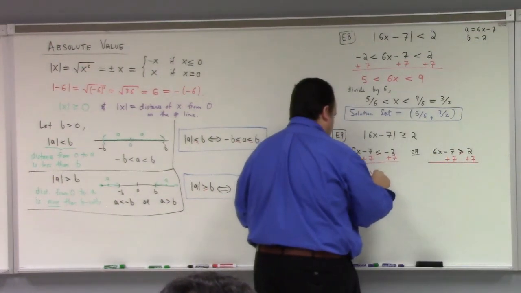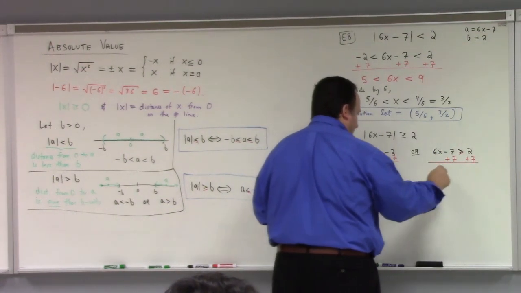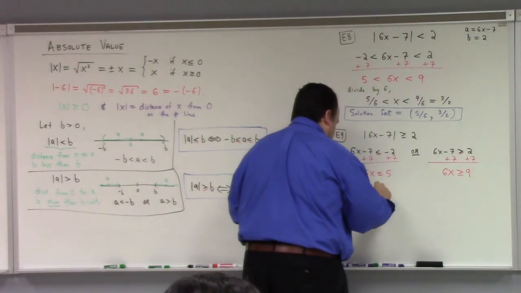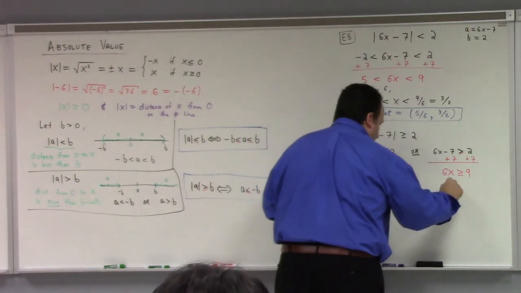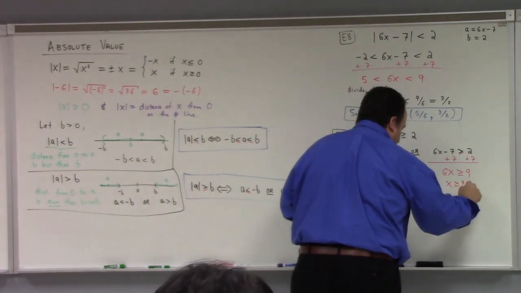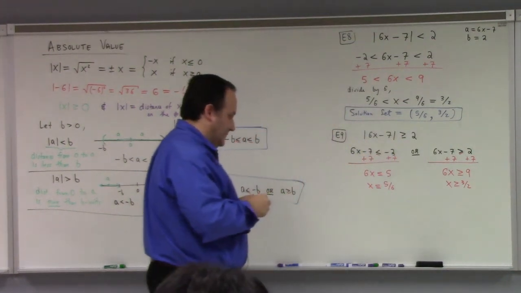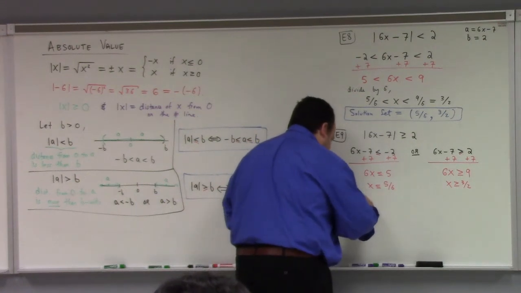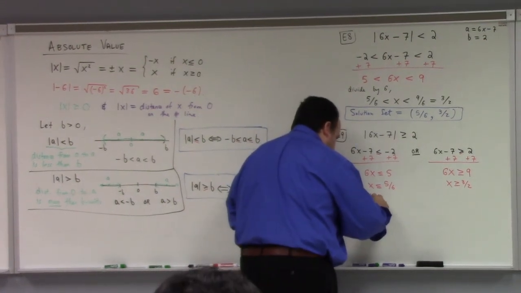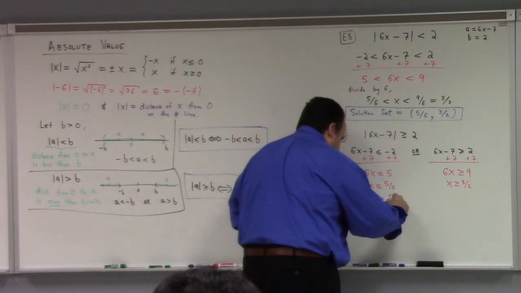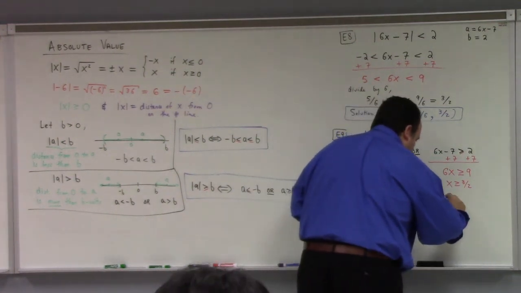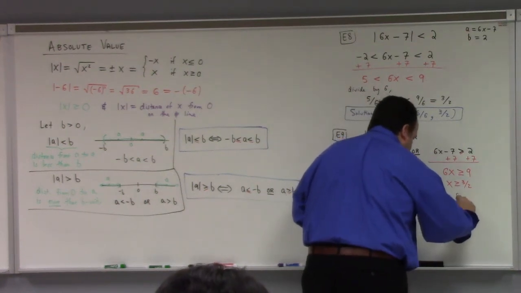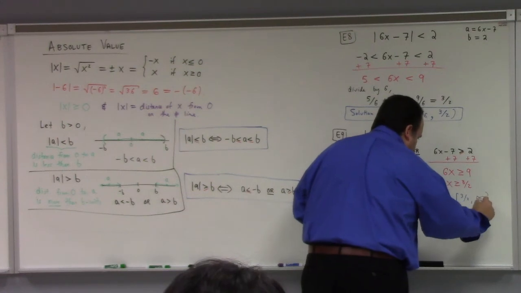This gives us 6x less than or equal to 5, or 6x greater than or equal to 9, which gives us x is less than or equal to 5/6, or x is greater than or equal to 3/2, which in terms of sets, this means x is an element of minus infinity to 5/6, 5/6 is included, my bad, or x is an element of 3/2 to infinity.